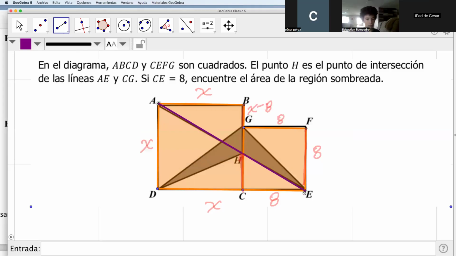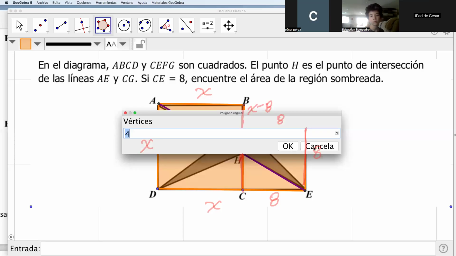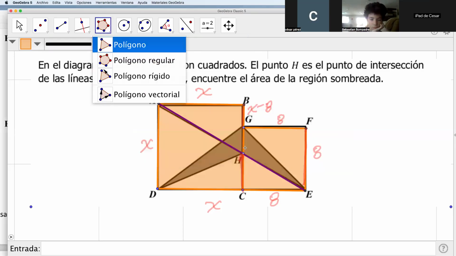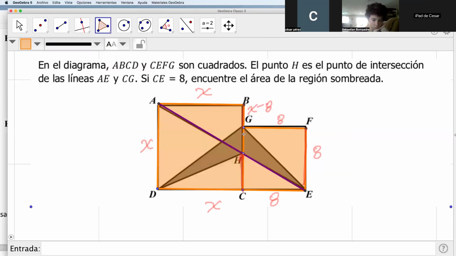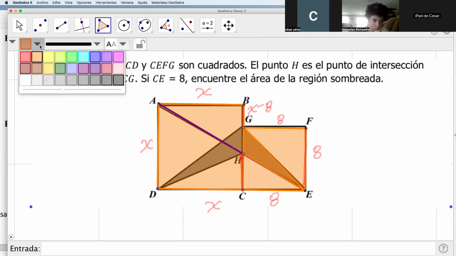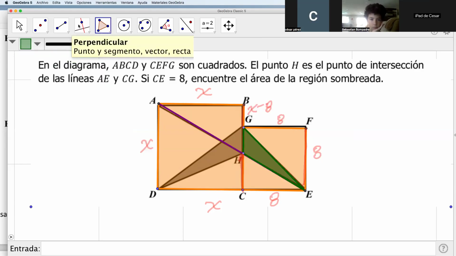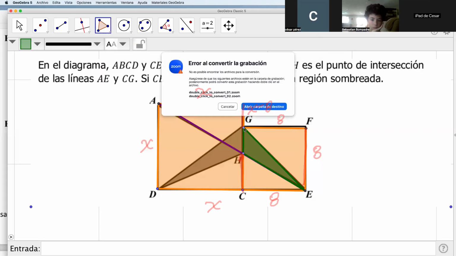Okay. So we can have this triangle. And we will have this one.